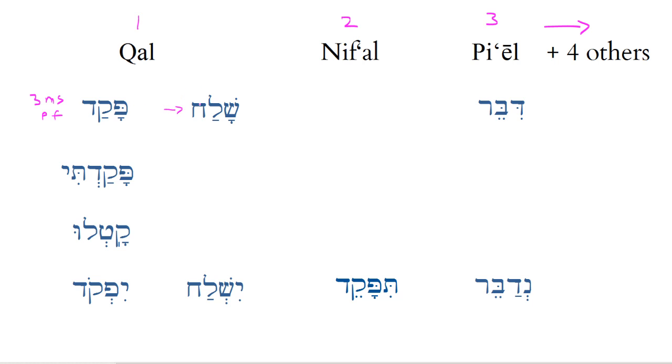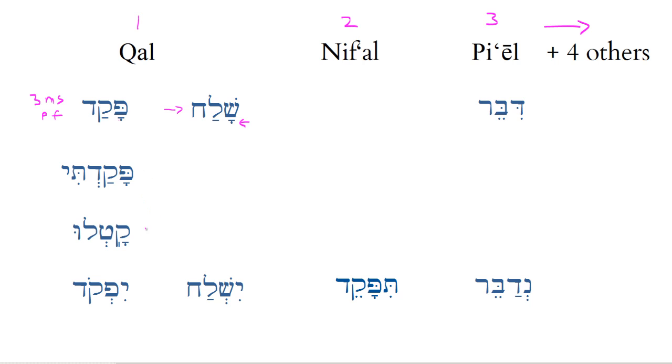Similarly for this root shalach, he sent, we have an R1 vowel of qamets, no R1 doubling, and no R2 doubling. Note also we have a theme vowel. The theme vowel in both cases is patach, but the theme vowel is not part of what we call the box. So the box itself is just, for both of these, a qamets, no doubling of the R1, no doubling of the R2, and no prefix.